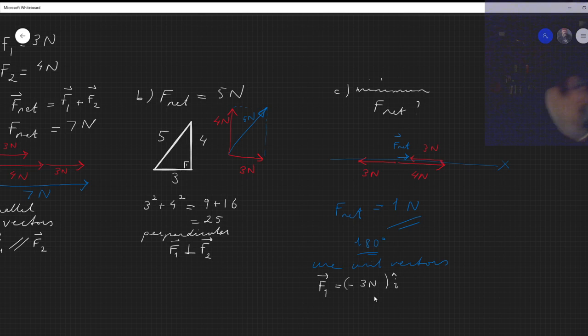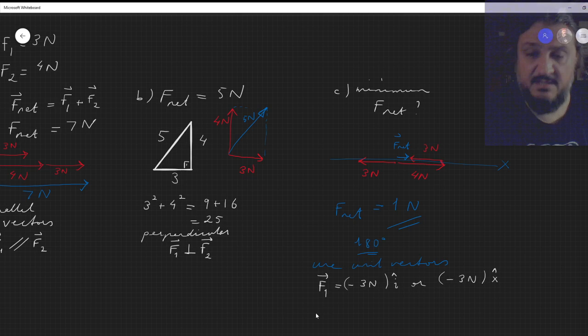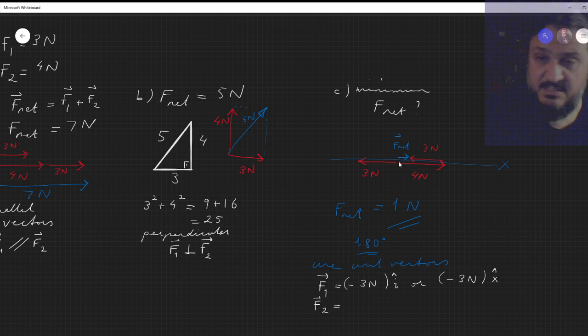Okay, I can't see in the book. Oh, they use x hat. Okay, so let's just use x hat, or negative 3 newtons x hat. So F2 is, well, it's pointing to the right, so it's positive 4 newtons.